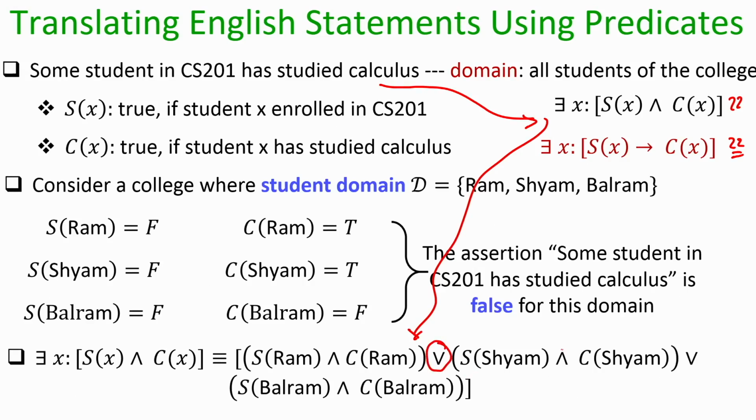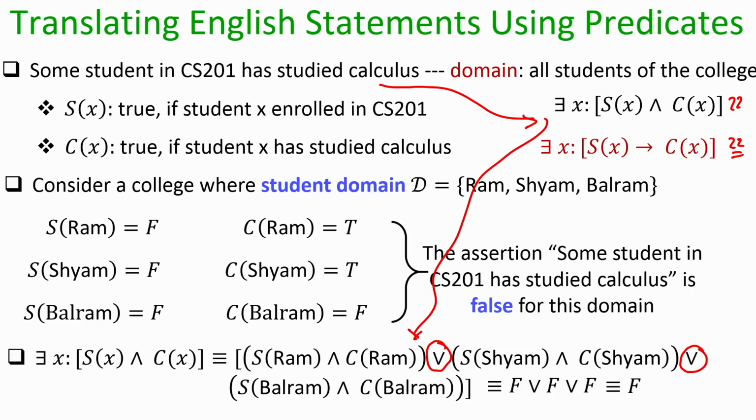Because remember, an existentially quantified statement is true if it is true for at least one x value in the domain. Now, you can check with respect to the truth values that have been assigned to S propositions and C proposition, this expression turns out to be the disjunction of false, false and false, which is overall false.